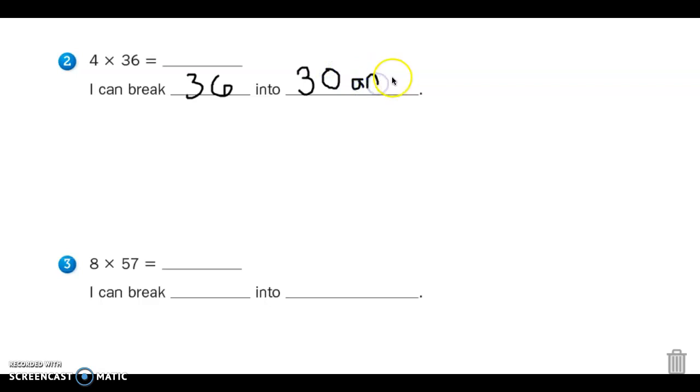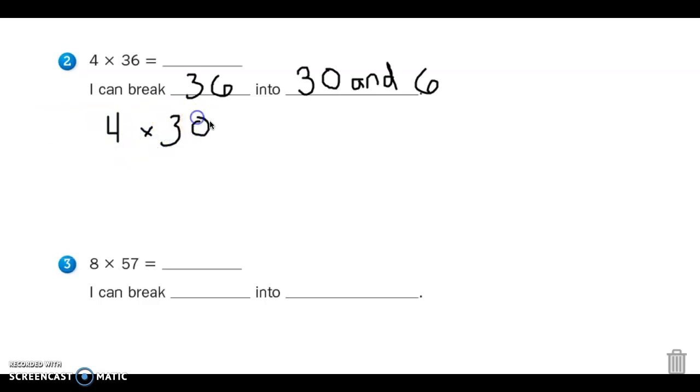And you might be thinking, Miss Schmidt, 30 is a really big number, but it has a 0 at the end, so I can use a basic fact. Remember, 30 plus 6 equals 36. That is why we chose these 2 numbers. If you're using a different one, go ahead, keep using that. But this is what I'm going to be solving with. So 4 times 30.